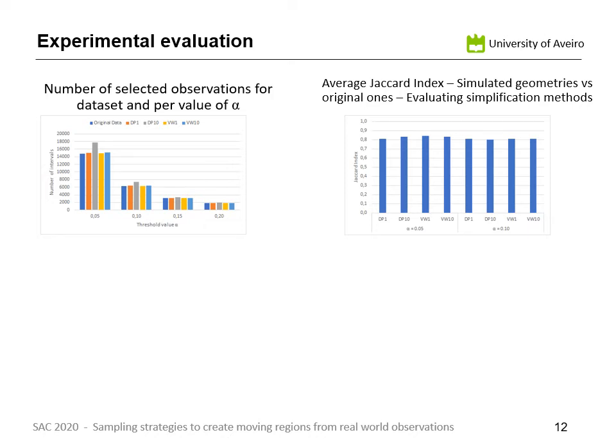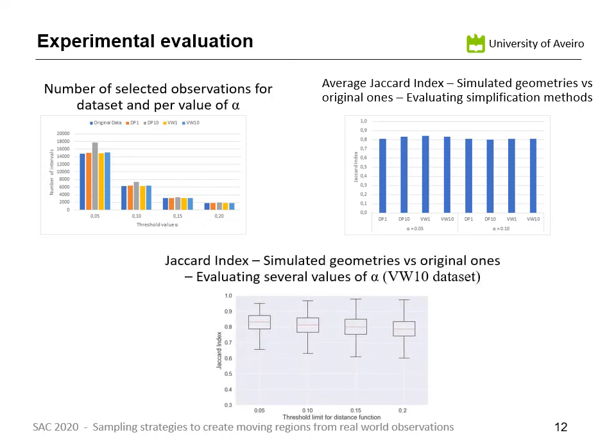We compared simulated geometries generated by the interpolation algorithm with original ones, computing the Jaccard index between corresponding geometries. In most of the evaluated configurations, Jaccard index values were more dependent on the maximum allowed dissimilarity distance than on data simplification level.